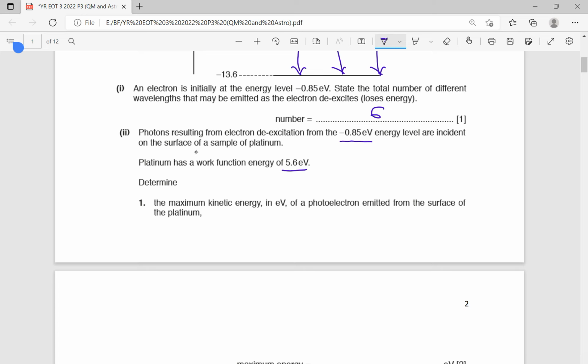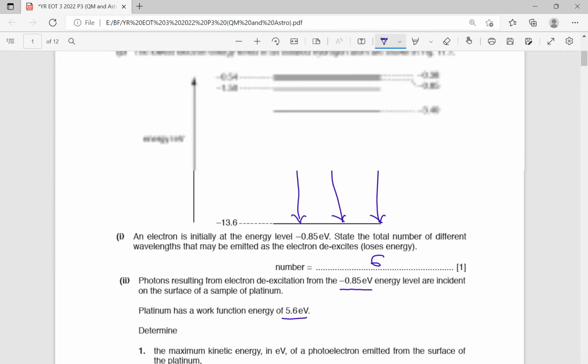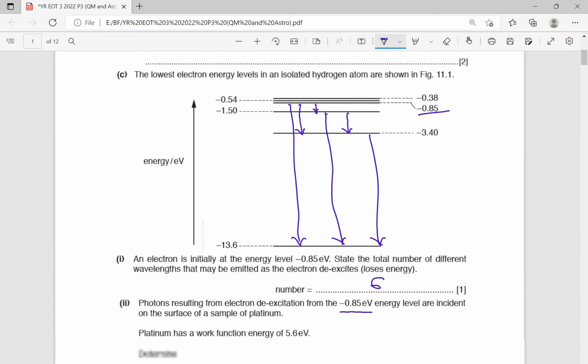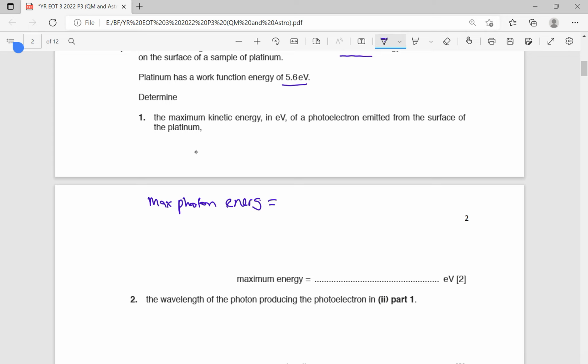So first of all, let's find the maximum photon energy. The maximum photon energy is going to be equal to, remember we are moving from negative 0.85 up to the ground state. So this means we shall have negative 0.85 minus negative 13.6 as the change in energy, and when you press your calculator, this gives you 12.75 electron volts.